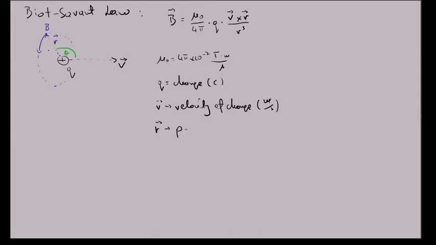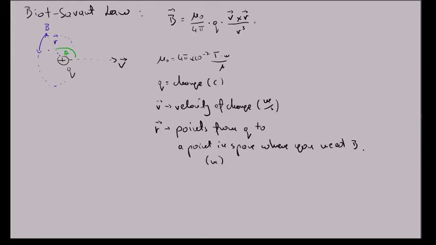So it's a position vector, but it points from Q to whatever point in space where you need to figure out what the magnetic field B is. And R has to be in units of meters, right? So the units would be meters.